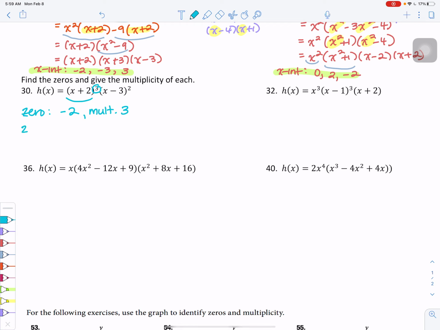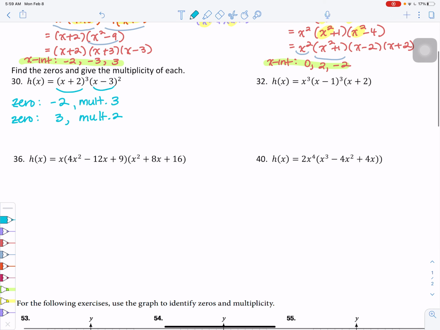Okay, and then we also have another 0 of 3, and that has multiplicity 2. Okay, so we have a cubic and we have a quadratic term here.